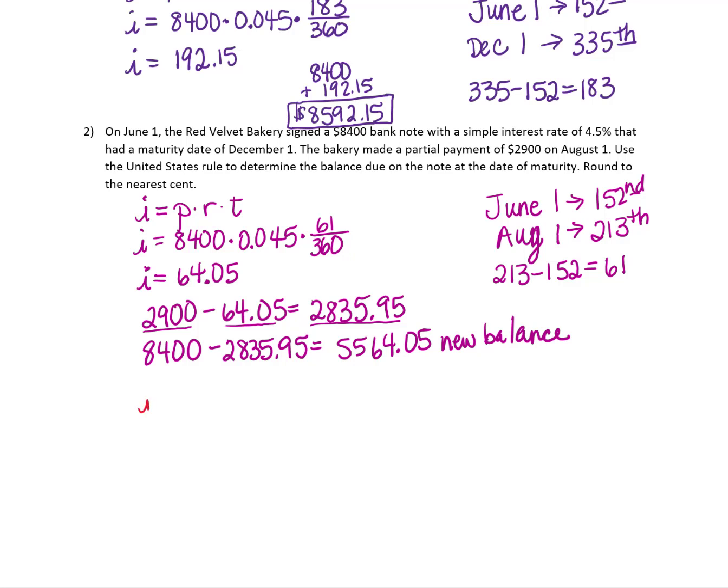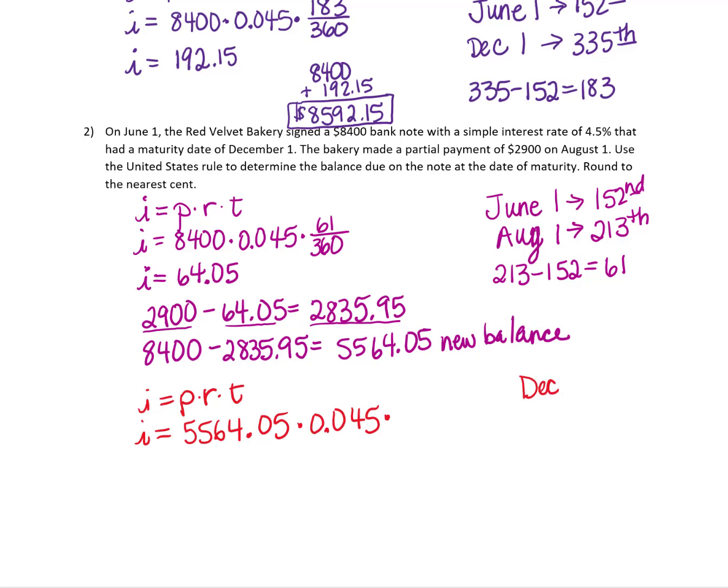Now we're going to repeat the process, starting with our new balance. We're going to use the simple interest formula again. Starting with our principal of $5,564.05, we multiply that by the rate, which is 4.5%, moving the decimal over. Now the time, we're going from August 1st to December 1st.